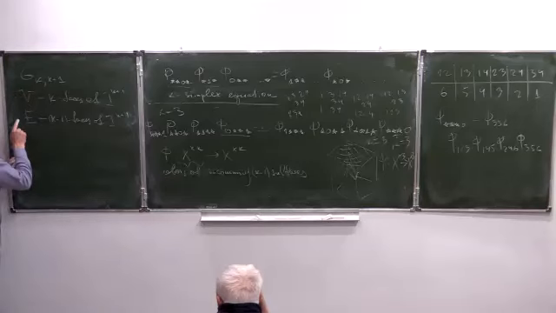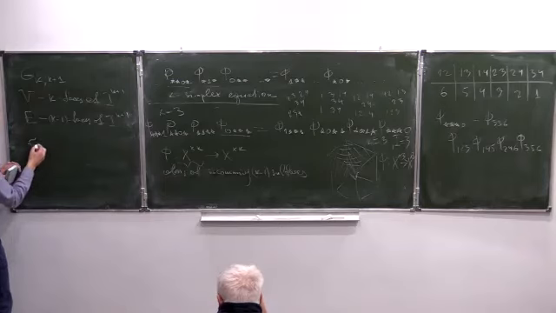They are oriented edges, and we have sigma k minus 1.